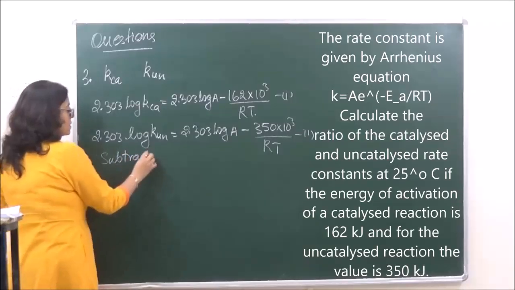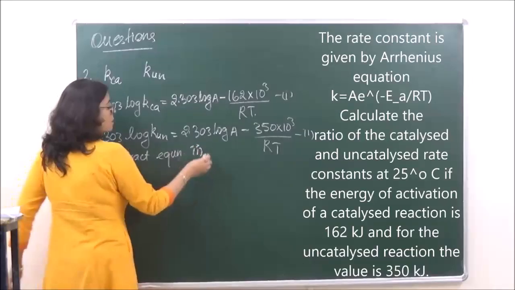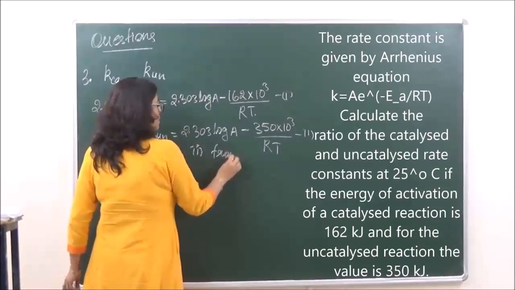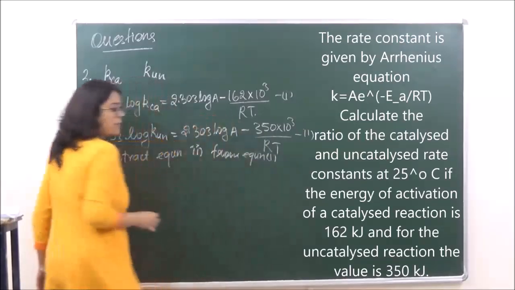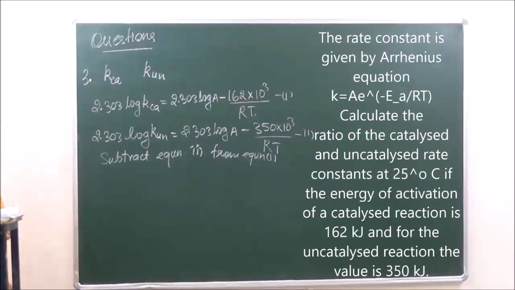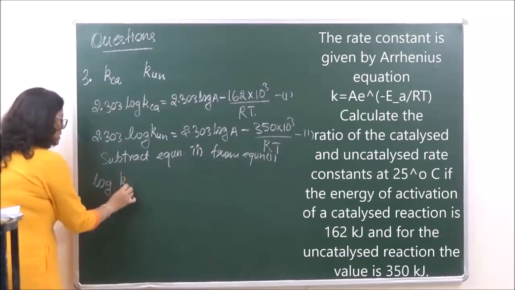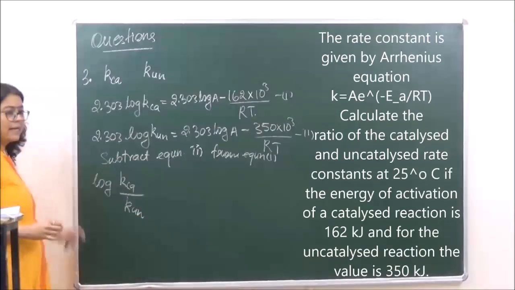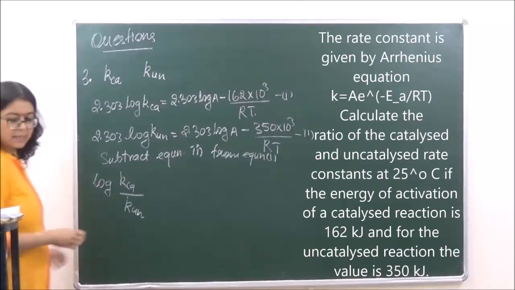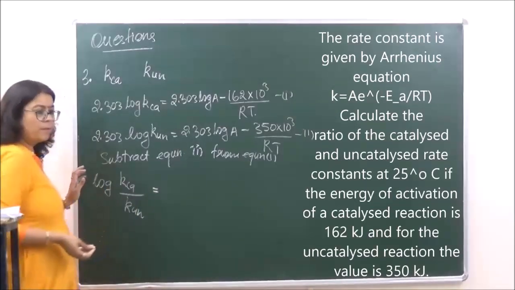Subtract equation 2 from equation 1. Okay? So when we subtract this, what we are going to get is log of kCa upon K uncatalyzed, that is equal to 10 raised to power 3 we will take common.